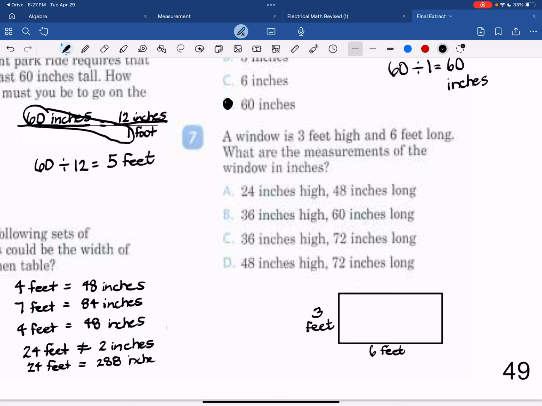And they want us to express that in terms of inches. So 3 times 12 would be 36 inches. 6 times 12 is 72 inches. So I'm looking for an answer that has these, 72 and 36. And so I like C as in Charlie.